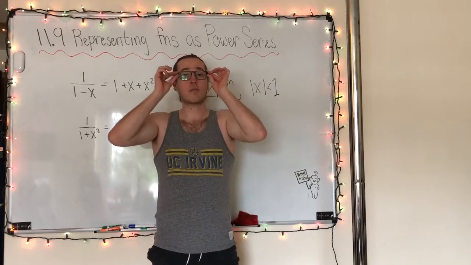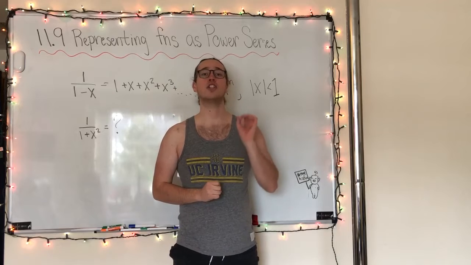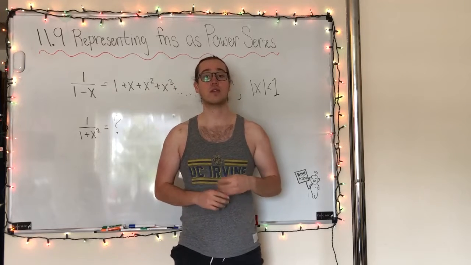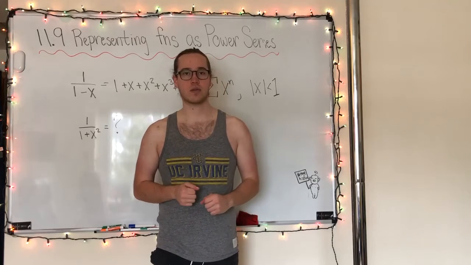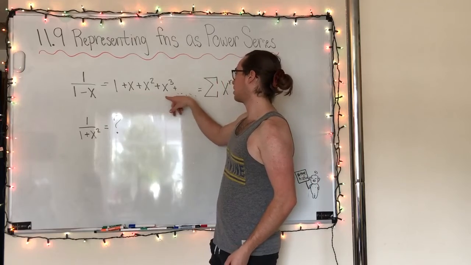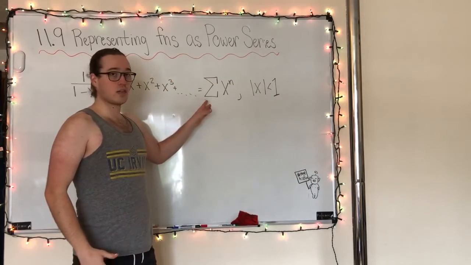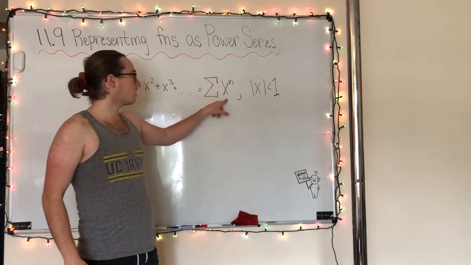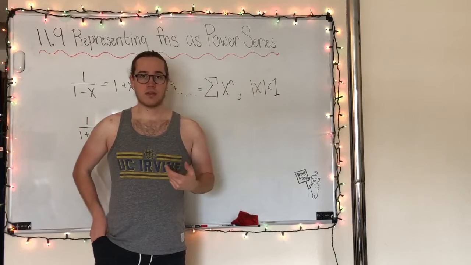This is the formula for a geometric series, assuming the absolute value of x is less than 1. It's going to be 1 plus x plus x squared plus x cubed plus so on all the way to infinity. And this is just going to equal the sum from 0 to infinity of x to the n when x is less than the absolute value of 1.